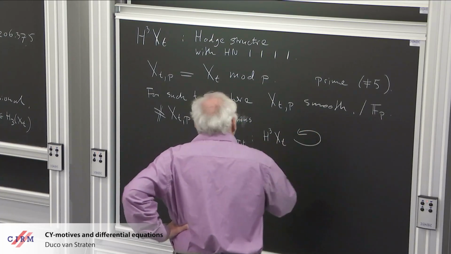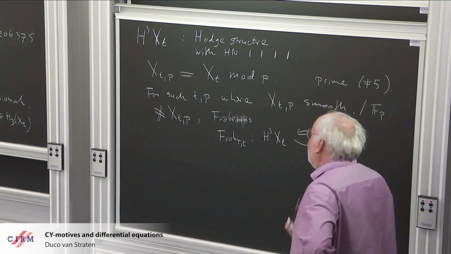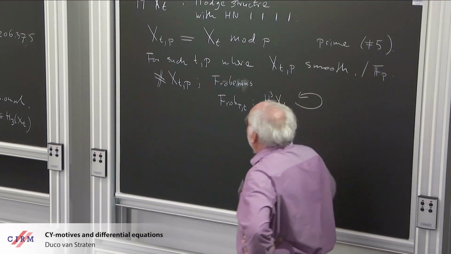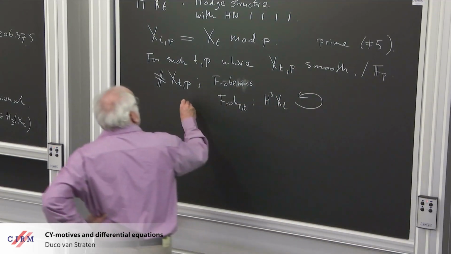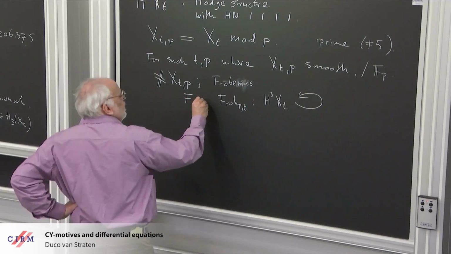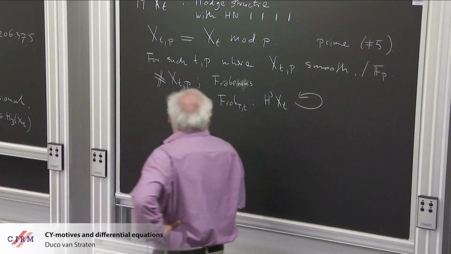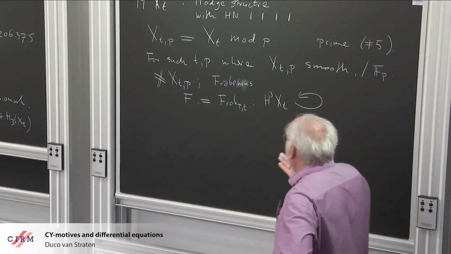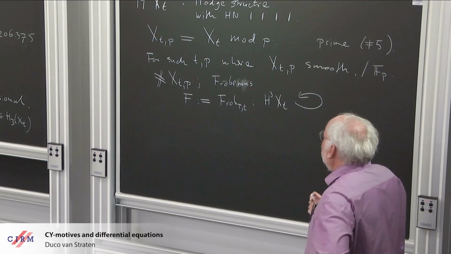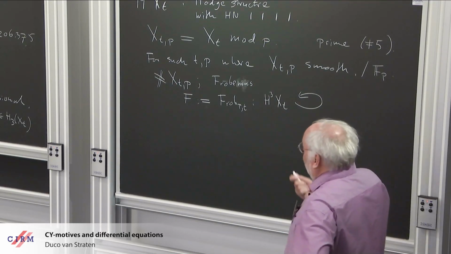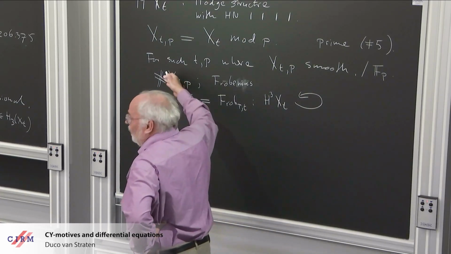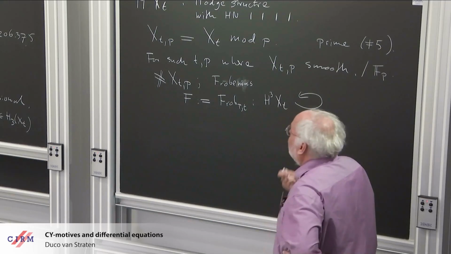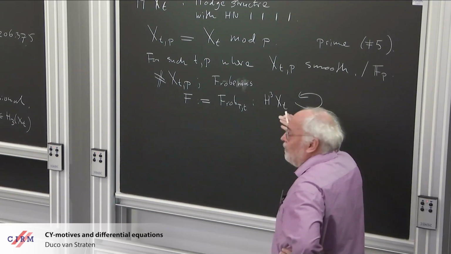And then you have the characteristic polynomial, so let's call this just briefly F. F will be the Frobenius map transformation, and via the Weil conjectures, the counting of points can be expressed in the action of the Frobenius on any Weil homology.